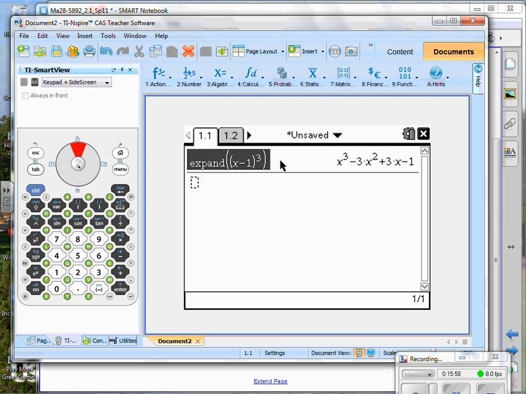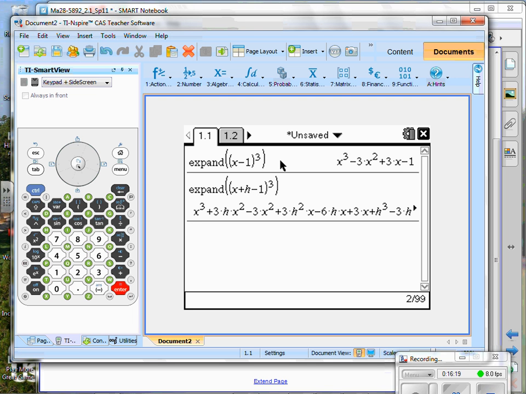I'm going to select it, press enter, and I'm just going to go in here and insert what I need. If you want to type it again, you're more than welcome to do so. And again, you can't use delta x. Many books use h, so we'll do that. And that, my friends, is what we have to put into all of this.